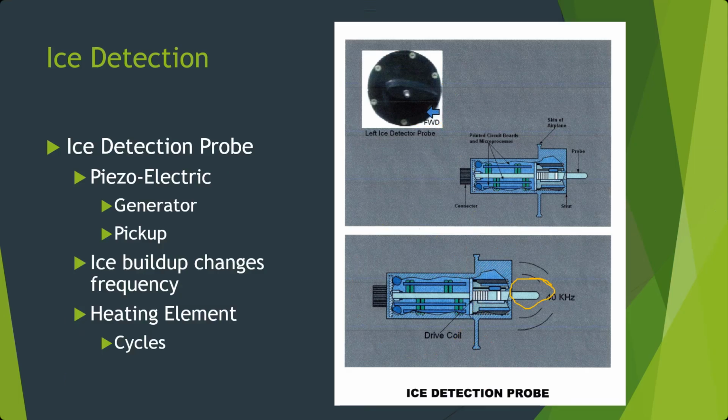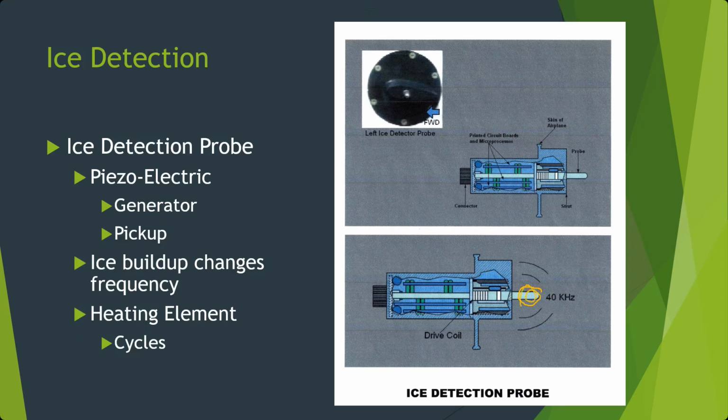That probe is designed in such a way that it's got a slightly rough surface. It's not perfectly polished smooth. So if the aircraft is in icing conditions, ice will start to form like a blob or a coating on the end of this little probe.